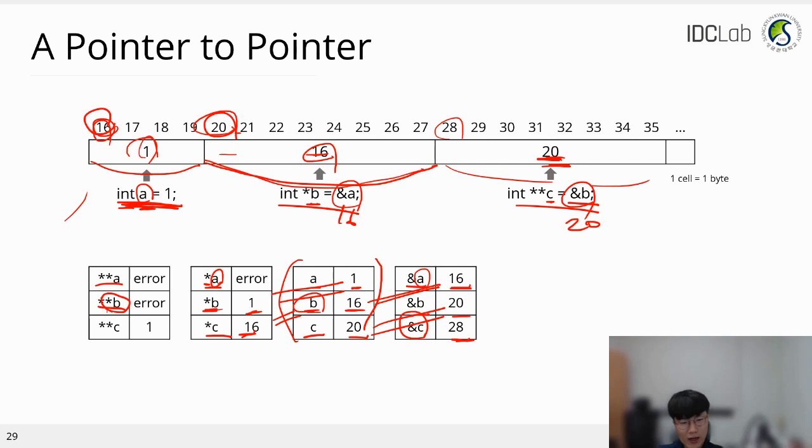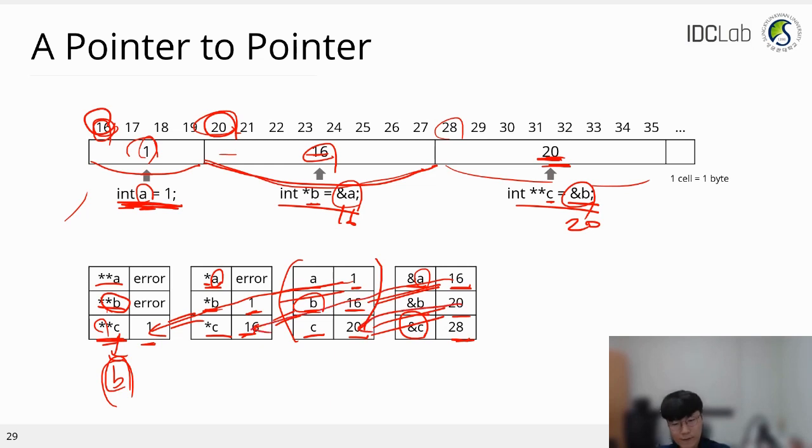And dereference C here, dereference C means the pointer. Dereference C is B, and B is the memory address of A. So dereference B means A. So it reads the value of A, which is 1. So they are the same. So you can see here these three numbers are the same, and these three numbers are the same, these three numbers are the same.